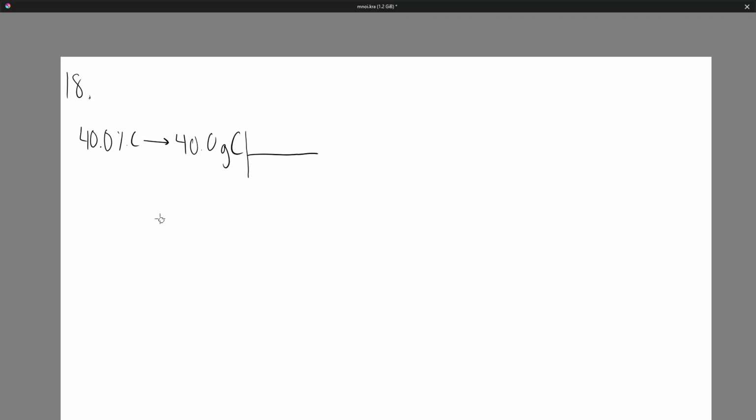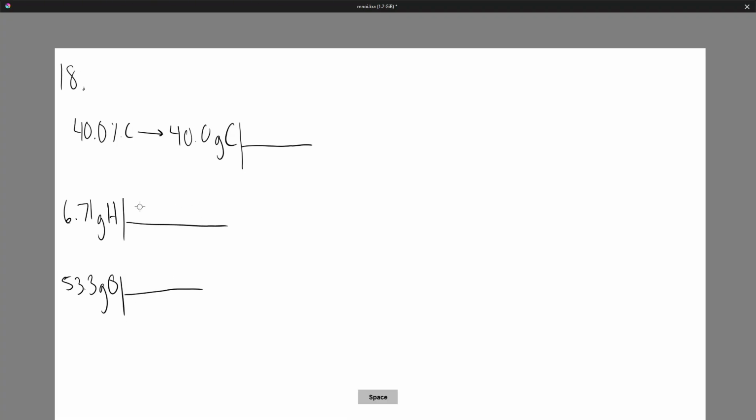Okay, so now it's that for the rest of it: 6.71 grams of hydrogen and 53.3 grams of oxygen. So now we convert these into number of moles using the molar mass. Even though it's just H, we don't use H2, we just use H. So 1.008 grams of H. Same here.